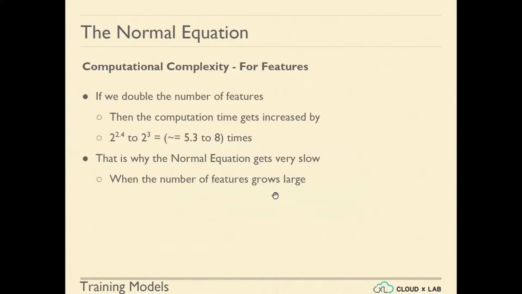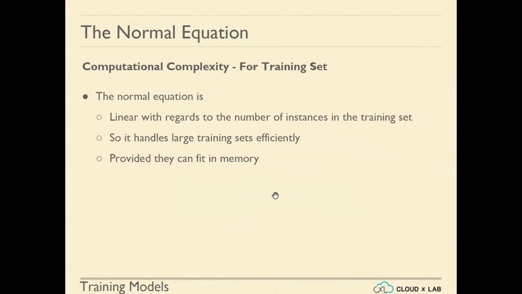Yes. So this method gets very slow when the features grow large. When we have a huge number of features, we will not use this method, right? But this normal equation is linear with regards to the number of instances in the training set, right?